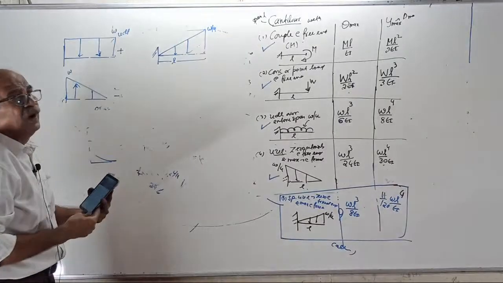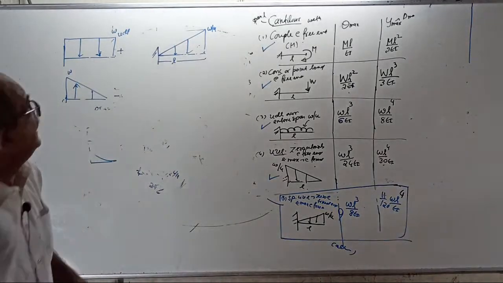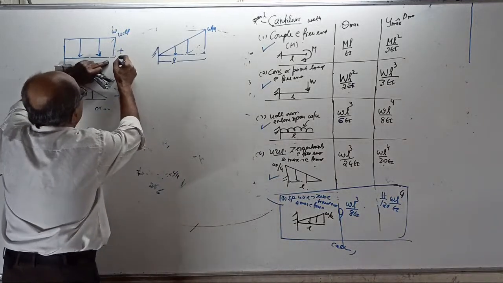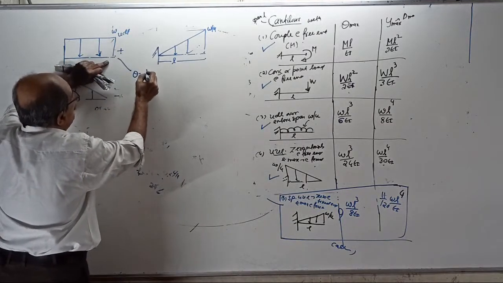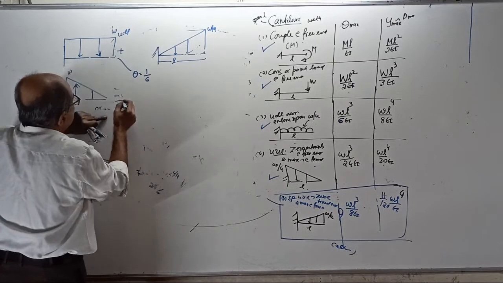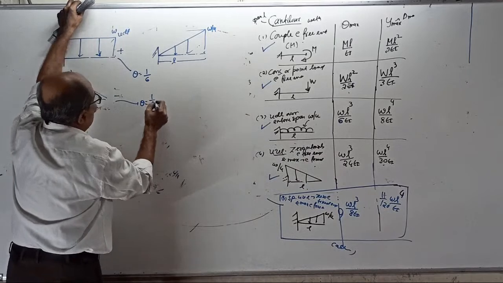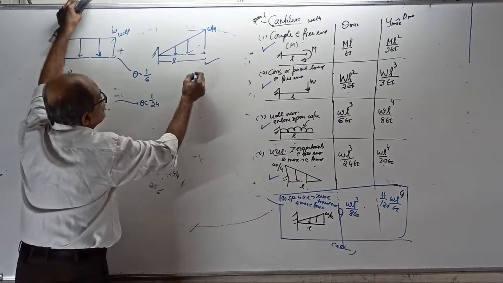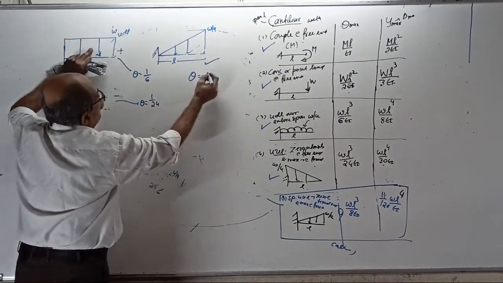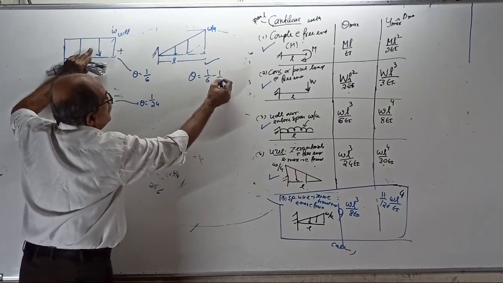Now do one thing. Very easily you can get it. For this one, slope equals 1 by 6 WL cube. For this one, slope equals 1 by 24. So for the real case, slope equals 1 by 6 minus 1 by 24.